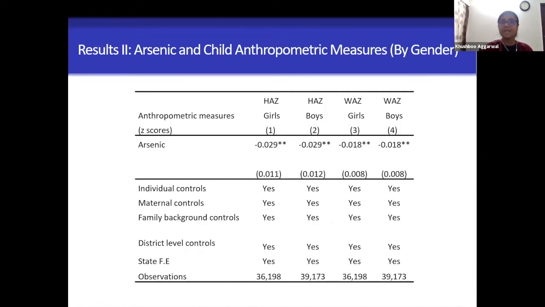Now coming to our results on IV, here we run a regression again separately across gender. As you can see, our OLS estimates were quite small, so it was actually severely downward biased, unlike our IV estimates. So here we can argue that the presence of arsenic does not have a differential impact across girls and boys separately. This holds consistent for height for age as well as weight for age.